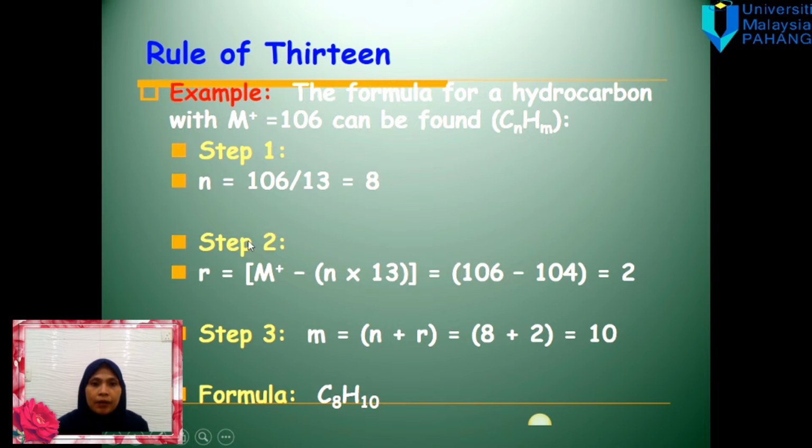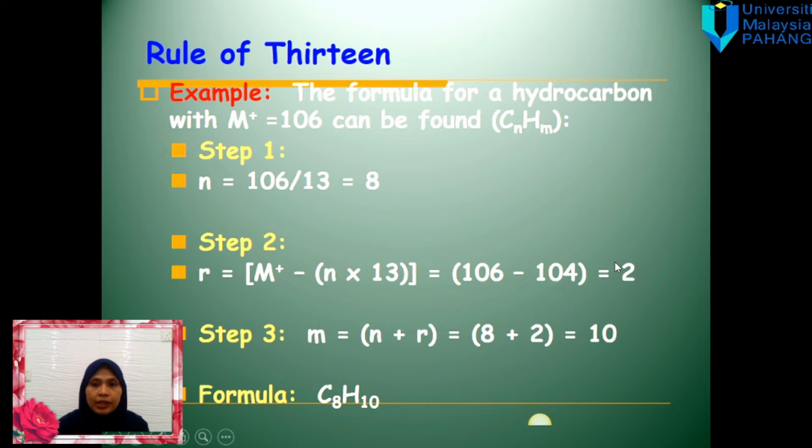Then the next step, we have to find the R value, because m is equal to n plus R. How to find the R value? M+ minus n times 13. M+ is 106, n is 8 times 13, so we get 104.